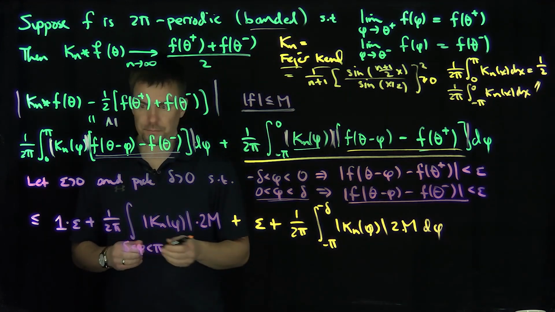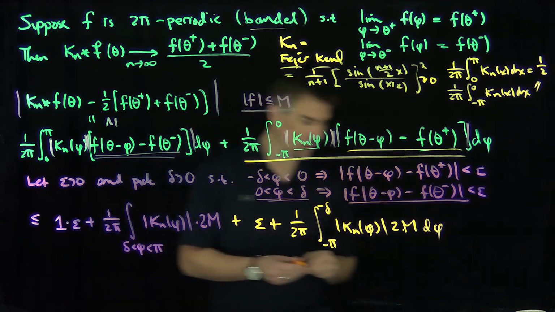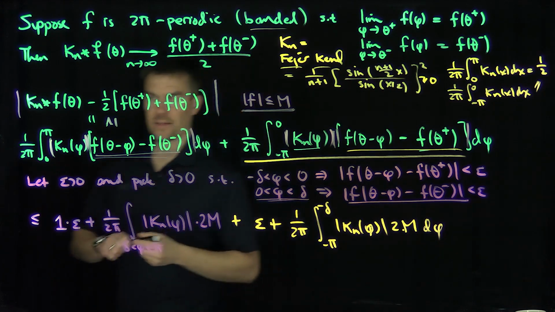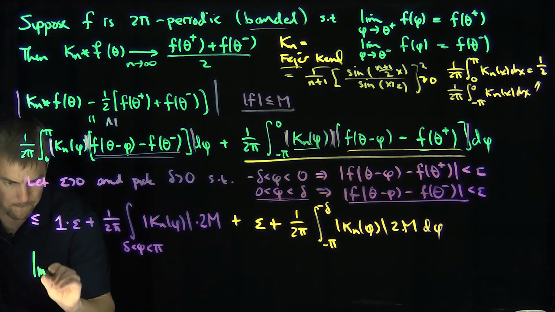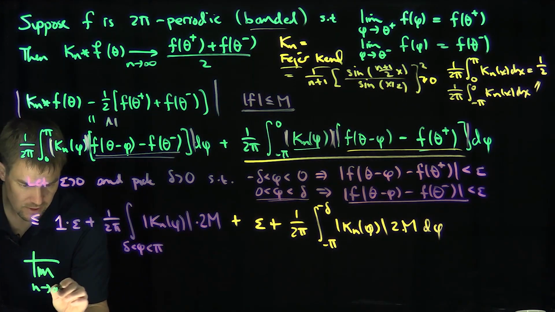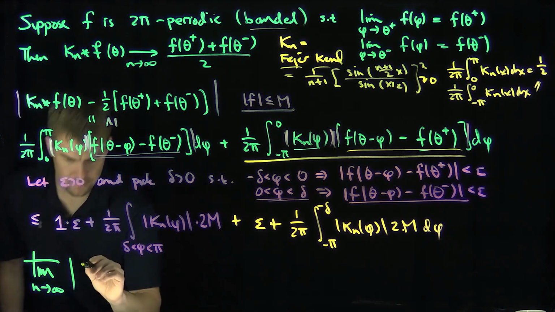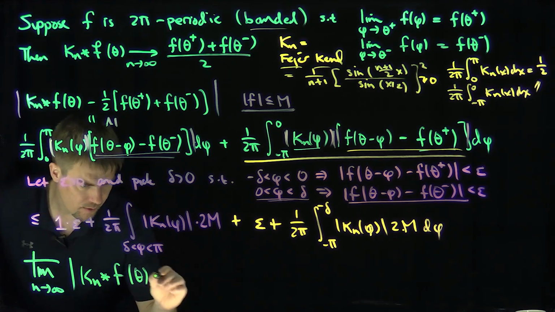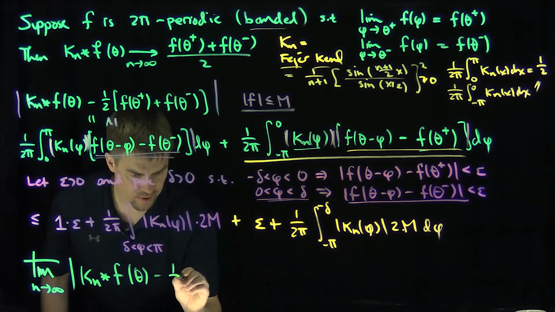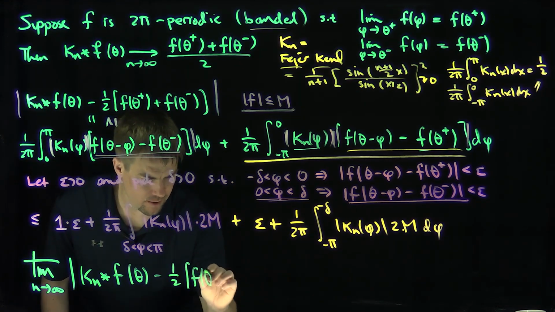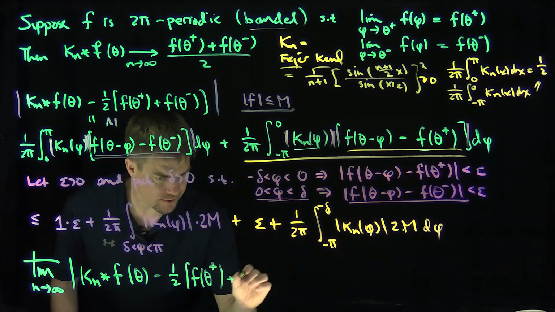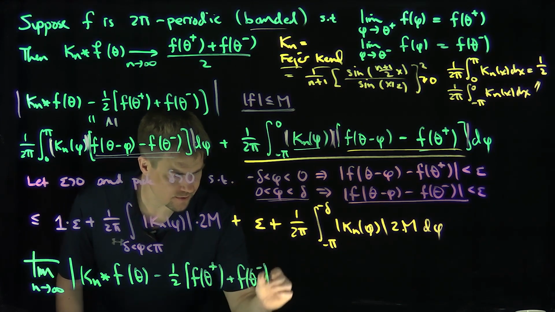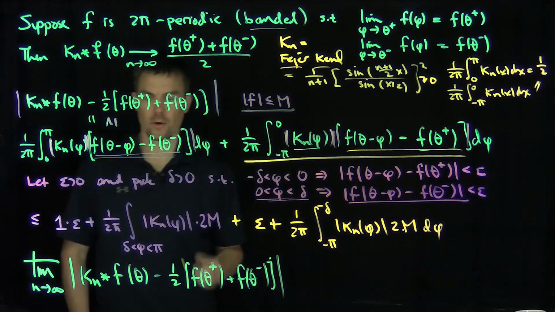Now, what do we know? What can we conclude from this? We can conclude that the lim sup, as n goes to infinity, of kn convolution f of theta minus this ratio, 1/2 f of theta plus f of theta minus. Well, what do we know?